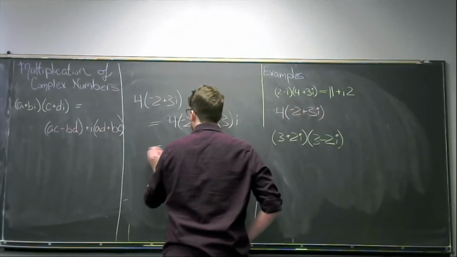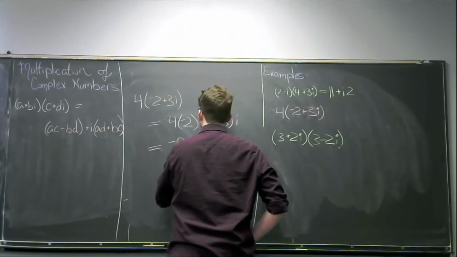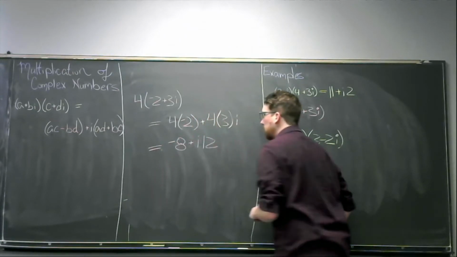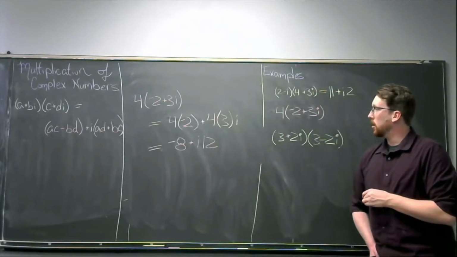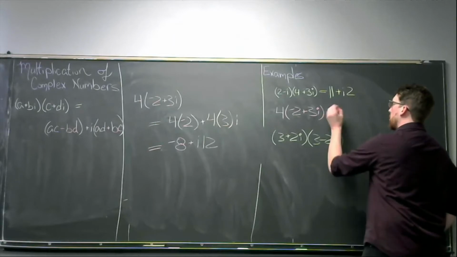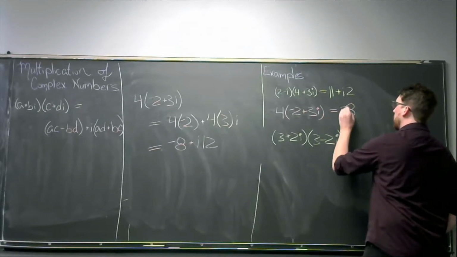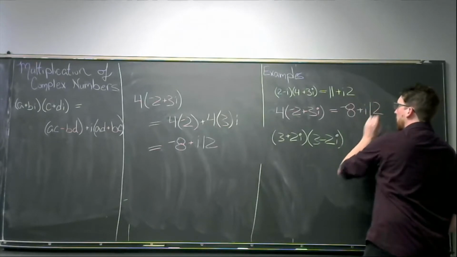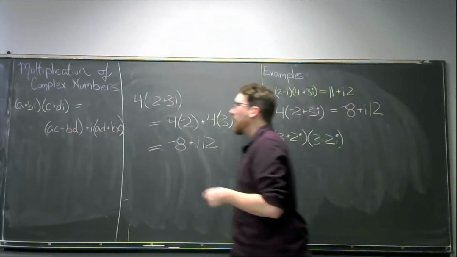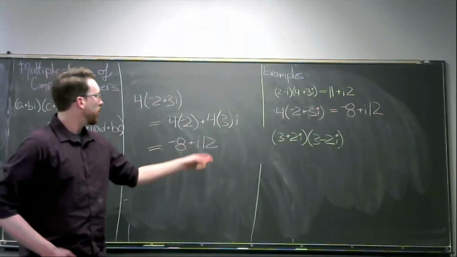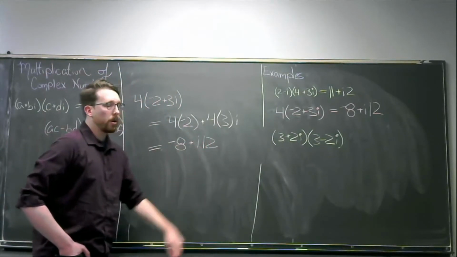So this comes out to be -8 plus i12. Now you might notice I like to write my i's in front of the imaginary part.